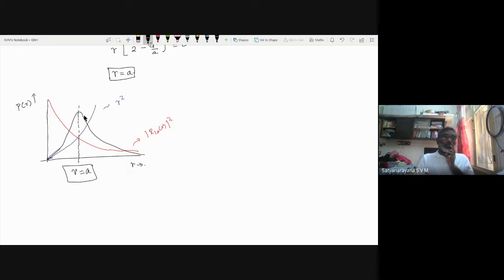Okay, so that is the Bohr radius. So the most probable value of R for the electron is the Bohr radius. But it is not symmetric around the Bohr radius, because there will be a long tail, it will go to 0 only as R goes to infinity. But this is the probability distribution of the ground state.